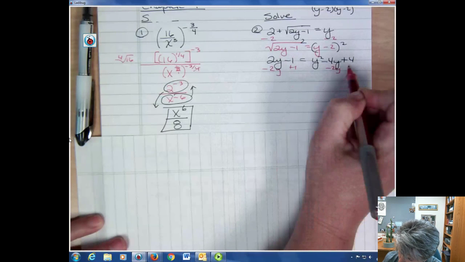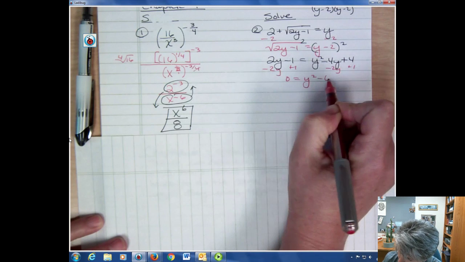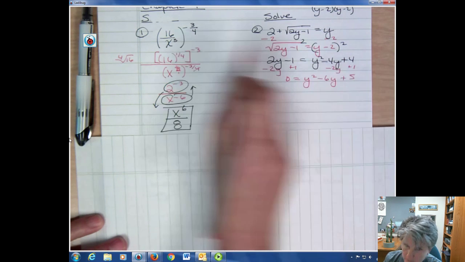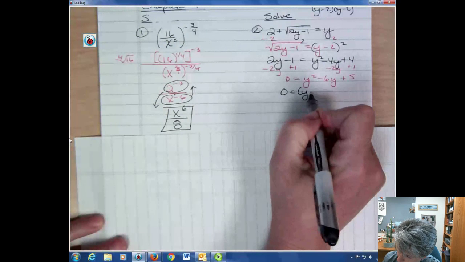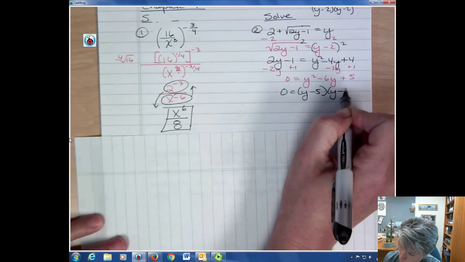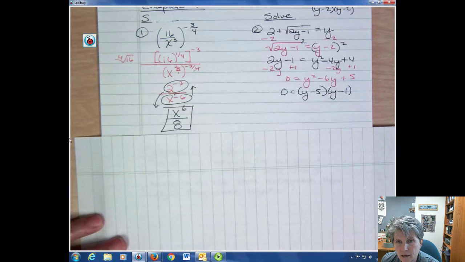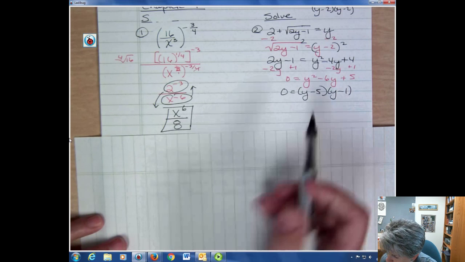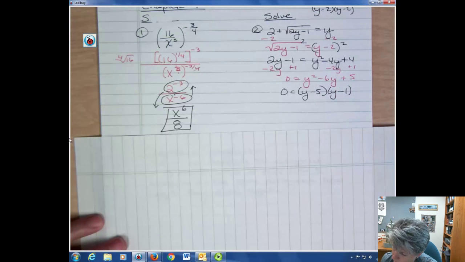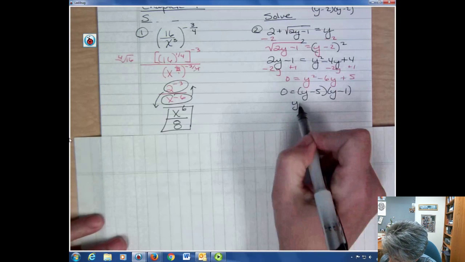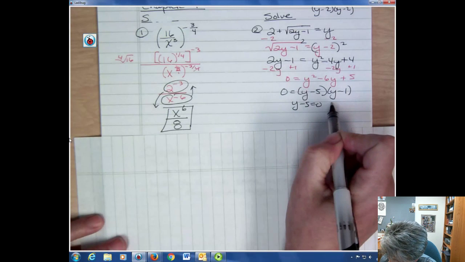I get 0 equals y squared minus 6y plus 5. And I can solve that by factoring: y minus 5 and y minus 1. And then remember, our two numbers have to multiply to the number at the end and add to the coefficient in the middle. And so y minus 5 is 0, y minus 1 is 0.